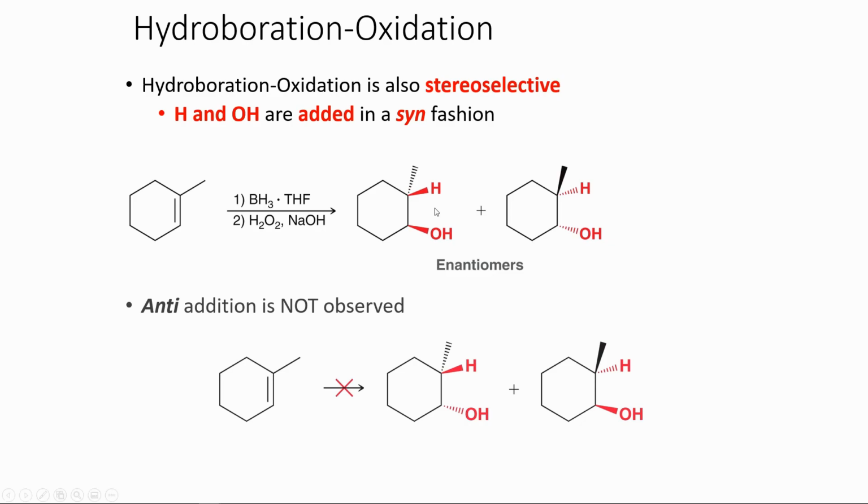Because of the mechanism in this reaction, which we'll look at a little bit later, the hydrogen and the oxygen are going to be added onto the same side of a double bond. This is important when we're looking at non-symmetrical alkenes, and especially alkenes that are part of a ring system. We will not observe any anti-addition where the hydrogen and the hydroxyl group would be on opposite sides of the double bond.